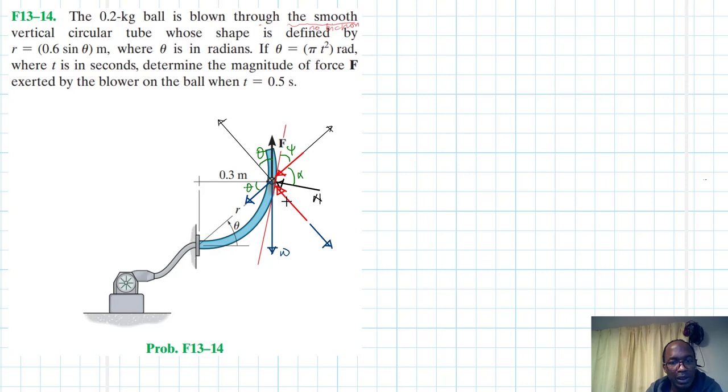So we have this one which is going to be equal to W cos theta, and this one is W sin theta. Then we do have another force component of F. We are going to have F in this direction and another component in that direction.